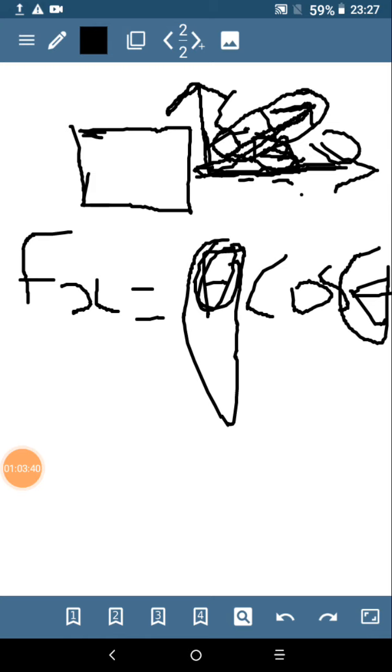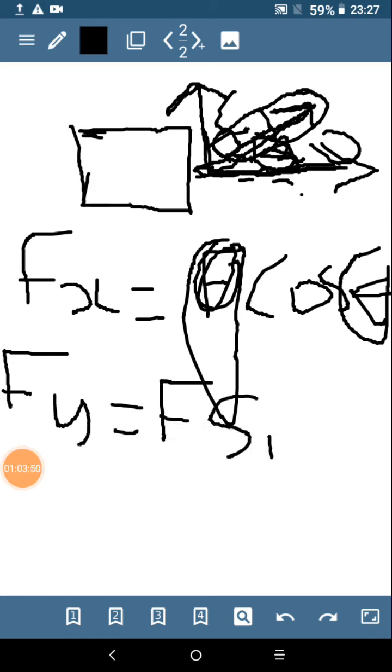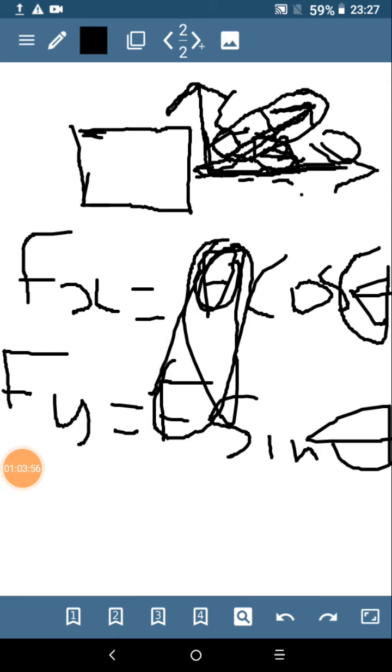Coming to the vertical component of the force, which I will denote as Fy, it is calculated as F sine theta. The F there is the same as that one. It is that force which acts at an angle. The theta there is the angle between the horizontal and the force.